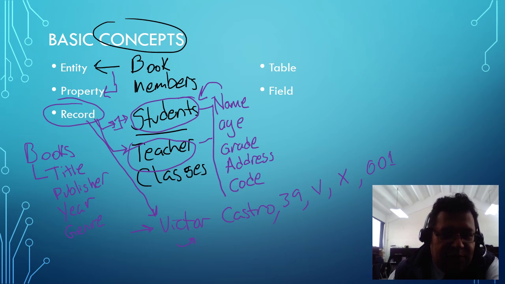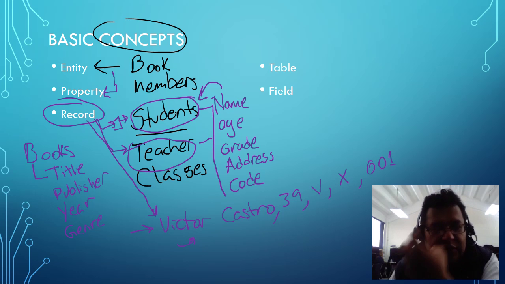So those are basic concepts. I hope you get your head around these ideas. In a database management software, an entity is going to become a table, and a property is going to become a field. All right, and that's going to be the terminology given to the entities and the properties in different software programs that are used to create databases.